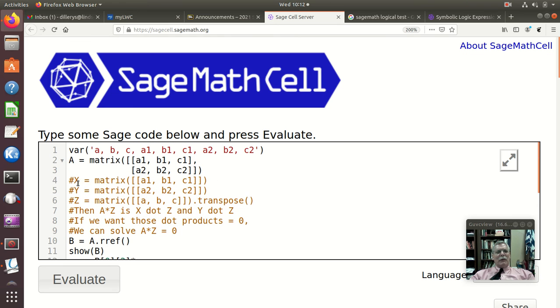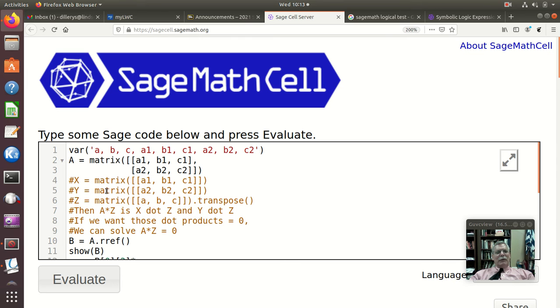So in the comments, I point out, well, I could make a vector X, and I did it here as a row vector, but it could be a column vector. I've got A1, B1, C1. And I've got another vector, Y, A2, B2, C2. And then I made the third vector, Z, that was A, B, C. Now that's a row vector, but I said make it a transpose.